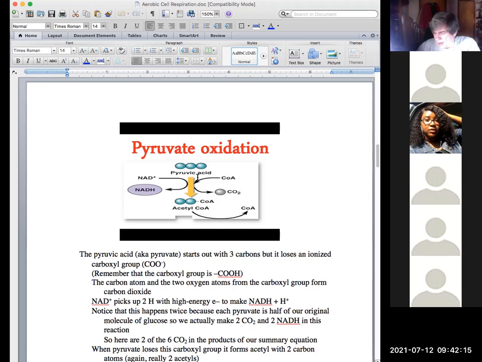There's an enzyme called coenzyme A that comes in, and this pyruvic acid is going to lose a carboxyl group. And remember, the carboxyl group is COOH. So here's where we can get our hydrogen from, and the carbon and the two oxygens make carbon dioxide.